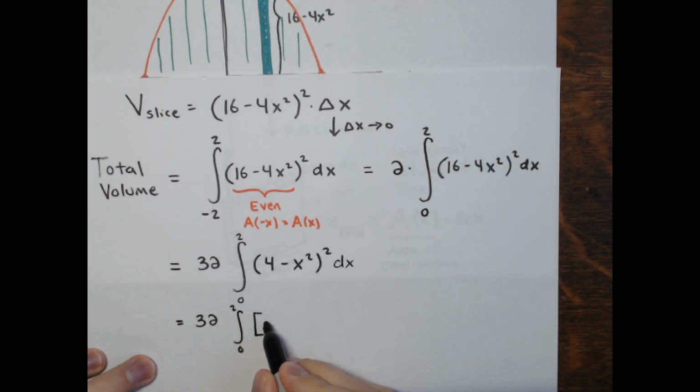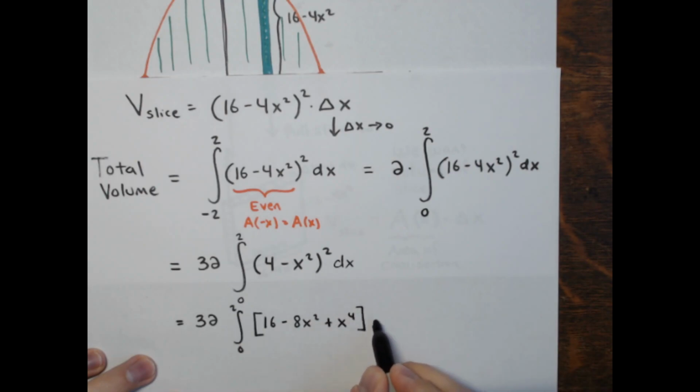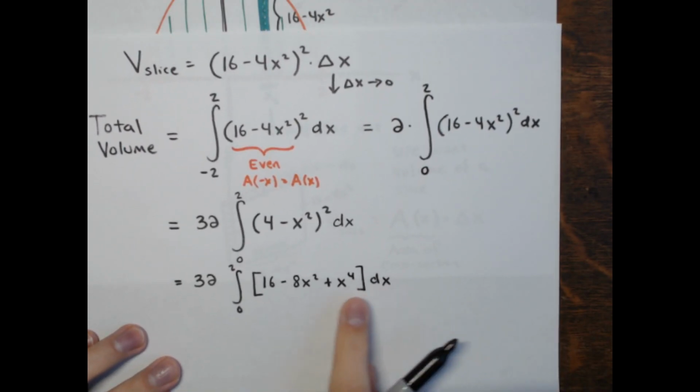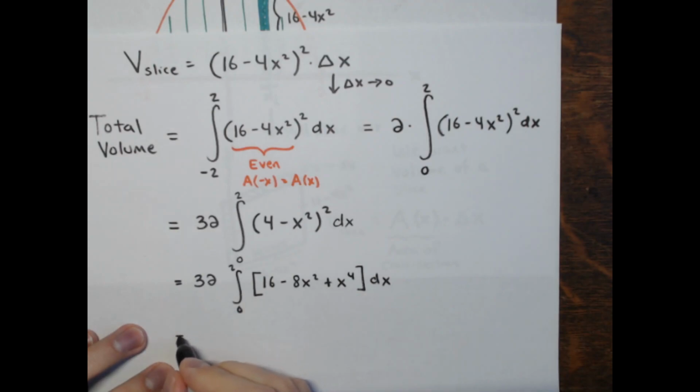of, and then when I multiply this out, this would be 16 minus 8x squared plus x to the 4th with respect to x, right, times the little thickness of the slices dx. And now I can integrate. This will be 32.